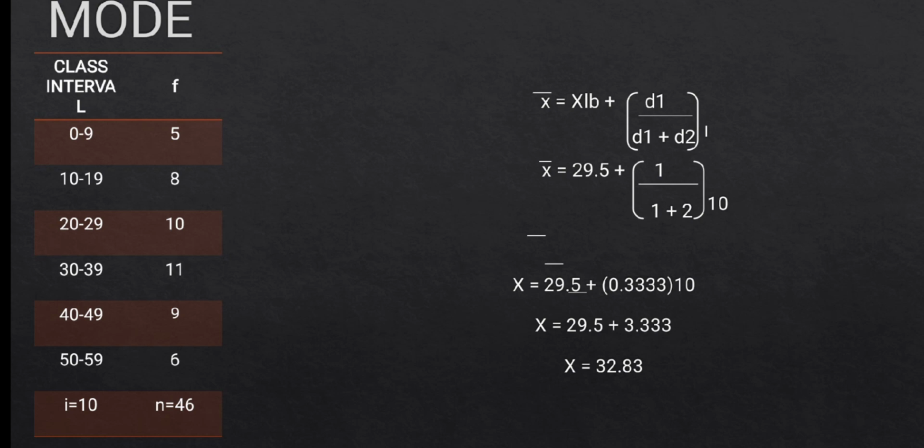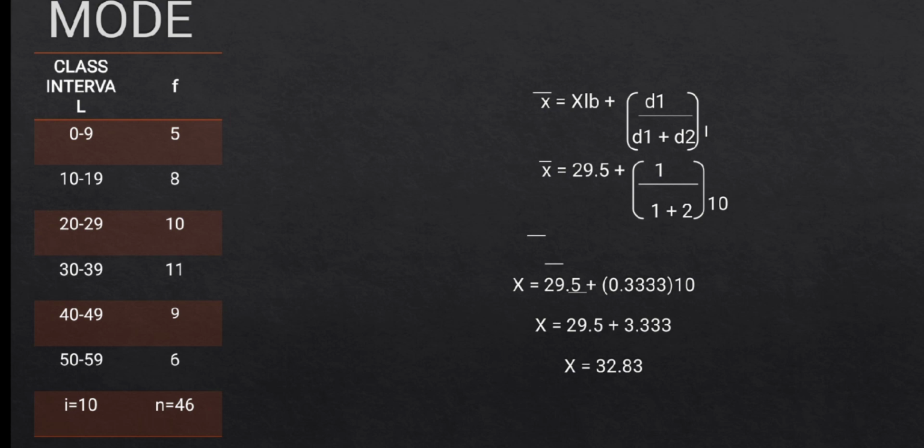In this case, that will be the row with the class interval 30 to 39. Take the lesser interval and subtract it by 0.5 to get the lower class boundary of the modal class. Here, that will be 29.5.